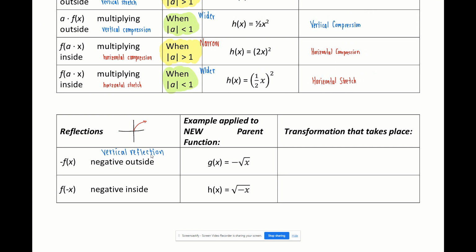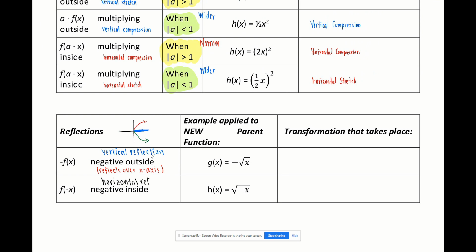It's going to basically mirror image off of that line right there. Well, what is that line, guys? That is the x-axis. So it reflects over the x-axis. Okay? Now, what if it happens on the inside? Well, remember, inside is always horizontal. So this is going to be a horizontal reflection.